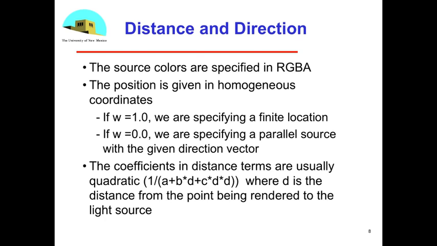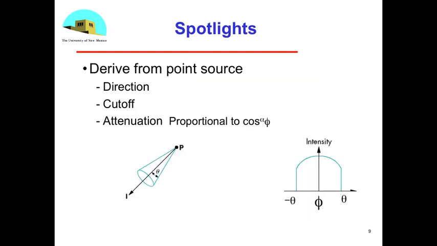I've again left out the distance term. You can add the distance term if you like. Since you're going to be building up the models yourselves, it's fairly simple to add. What about spotlights and cutoff? These are the functions that used to be in the fixed function pipeline. For a spotlight, you'd specify a direction, and a cutoff, which would be essentially that angle. So it would be 0 except between minus theta and theta.